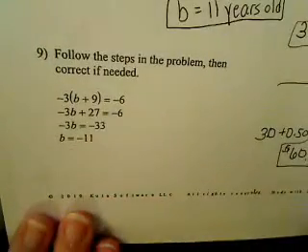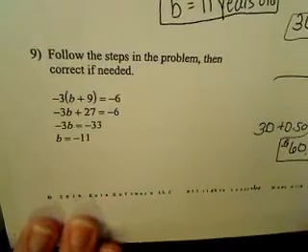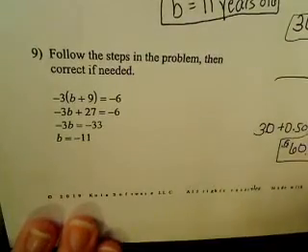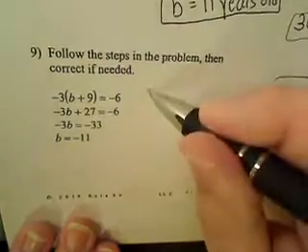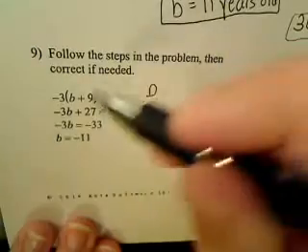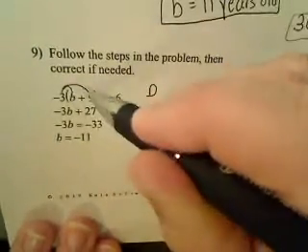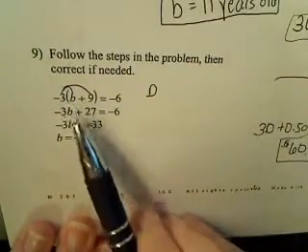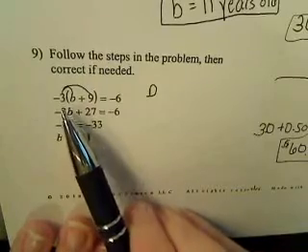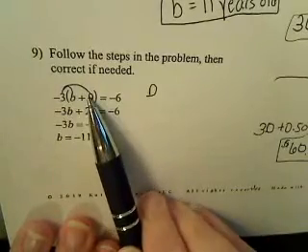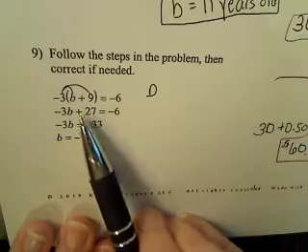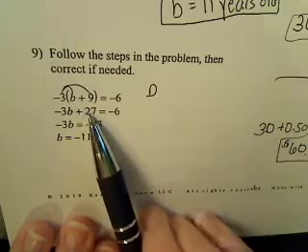Okay, final problem on the front. Follow the steps in the problem, then correct if needed. Okay, first one is to do the distributive. So I'm going to multiply that and that. So a negative 3 times b is a negative 3b, and then a negative 3 times 9 would be a negative 27.